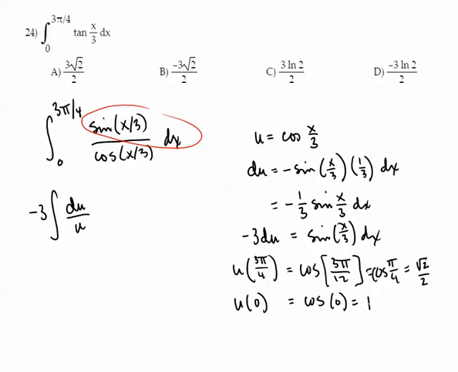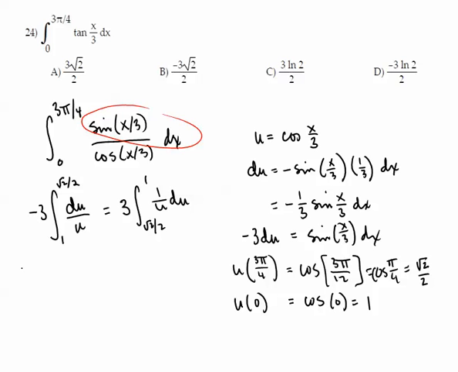So we do have a slight problem here because root 2 over 2 is less than 1, so our limits are out of order. We're going to have to change the sign and reverse those limits. So we're going to go from root 2 over 2 to 1 of 1 over u du.